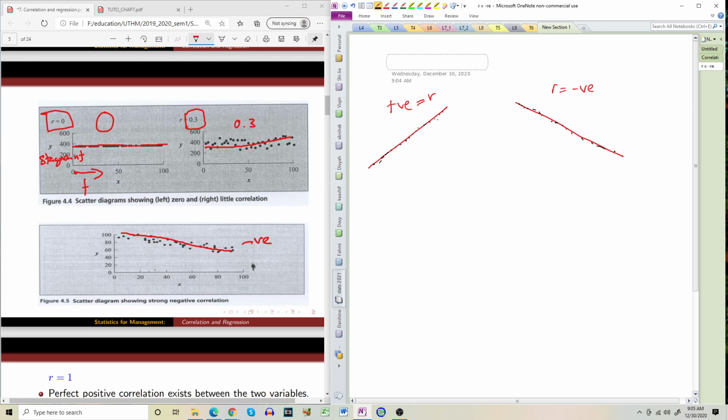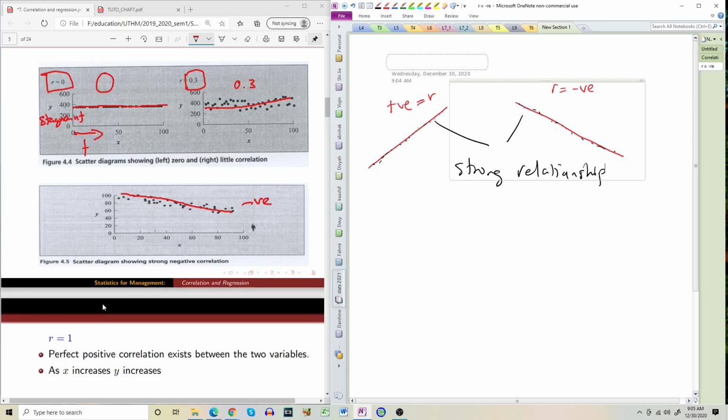Both are strong relationships. It doesn't mean positive is the only strong relationship; negative is also a strong relationship, as long as the points fall on a straight line. The further it goes from the straight line, the weaker the relationship.